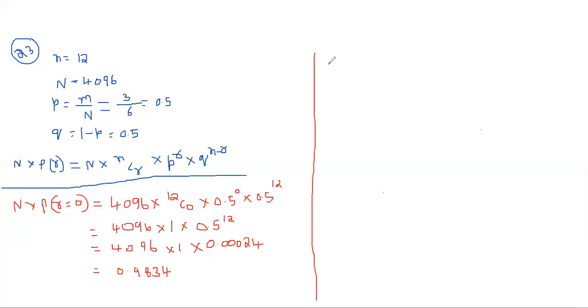Next, N into P of R equal to 1 is equal to 4096 into 12C1 into 0.5 raised to the power of 1 into 0.5 raised to the power of 11.